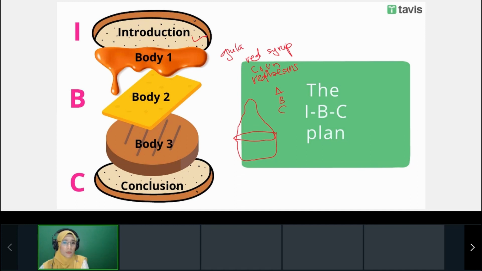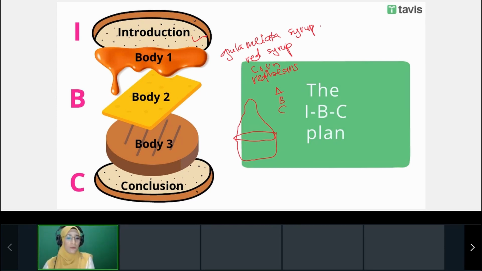Okay, I'm just gonna write Gula Melaka syrup. We use Gula Melaka. The British people would use brown sugar, right? The brown sugar. So you can make ABC to Malaysianize it. But for this case, for the essay writing, let's try and keep it international.